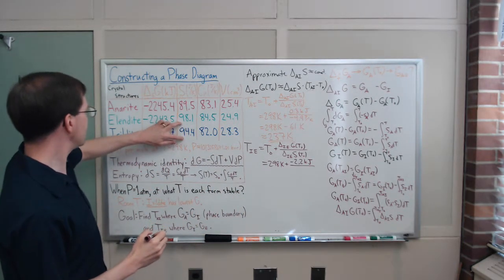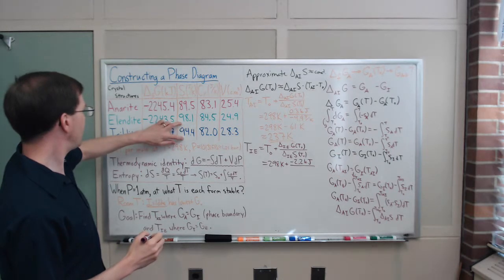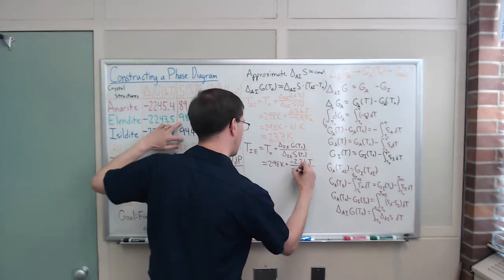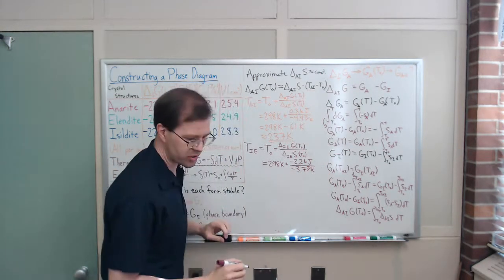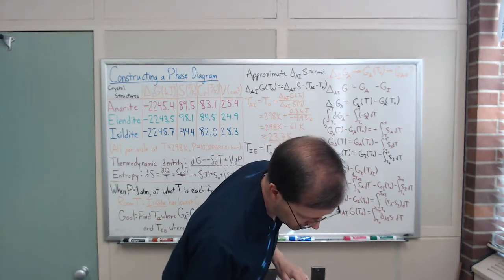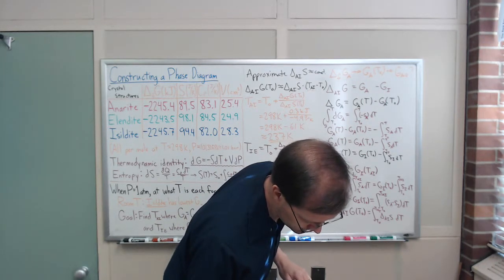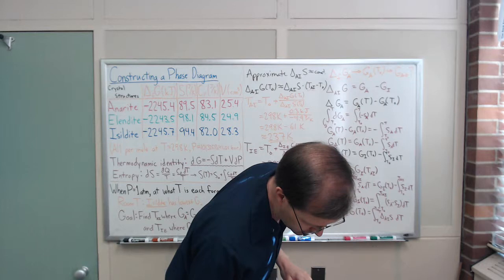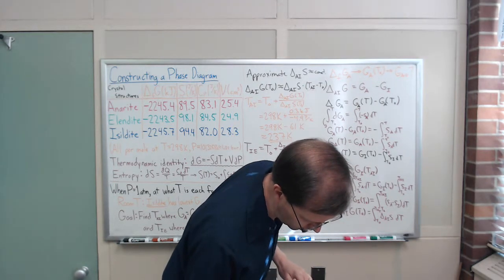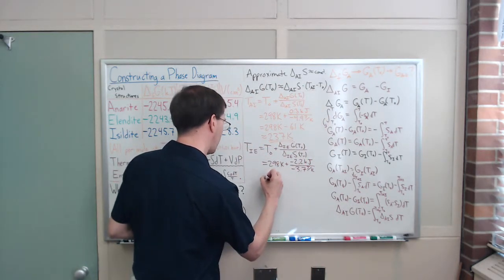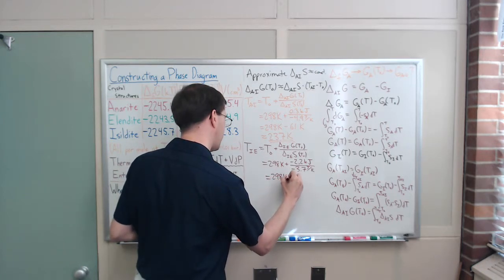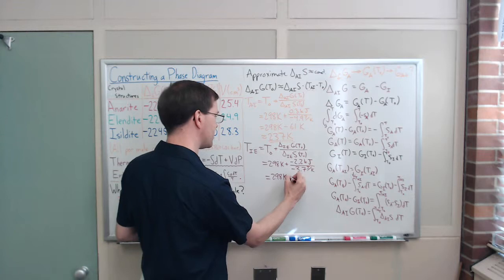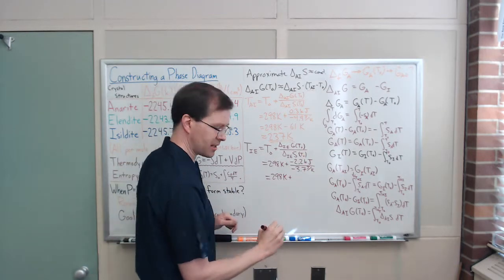This minus this gives me negative 3.7 joules per Kelvin. Let me check my notes to make sure I didn't mess that up. Yeah, cool. All right, and when I put that together, 298 Kelvin plus, and this one's going to be plus because the negative over negative gives me a positive.